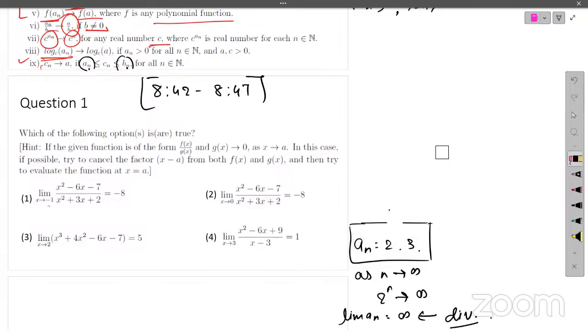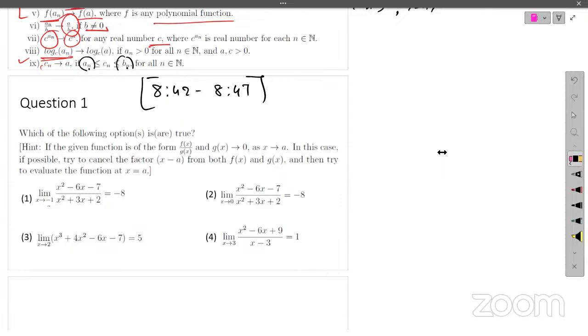You first find the value and then see whether it is equating to the right hand side or not. Then only this statement holds. After factorizing, substitute the x value into the x, right? It's the same thing. Correct.